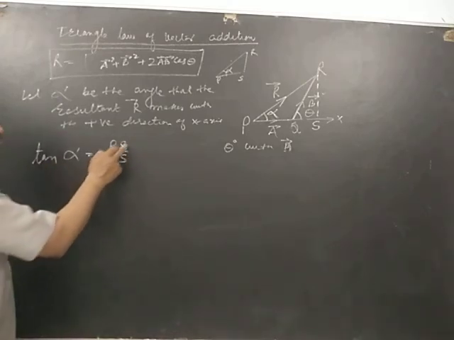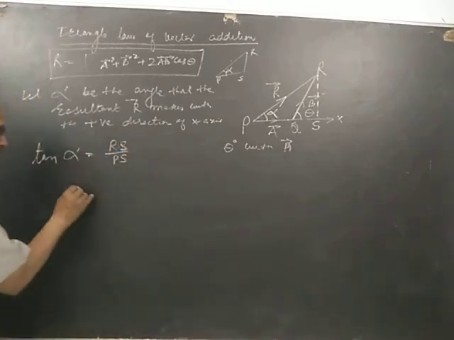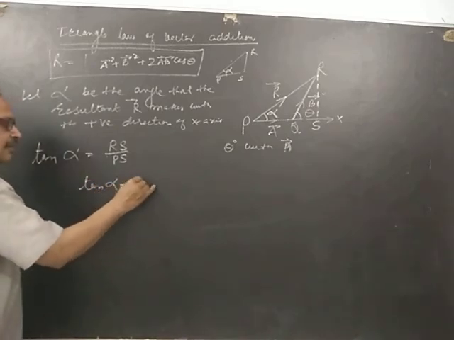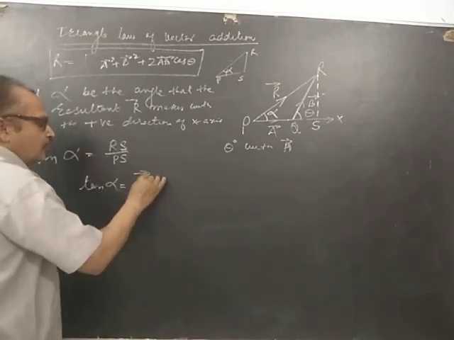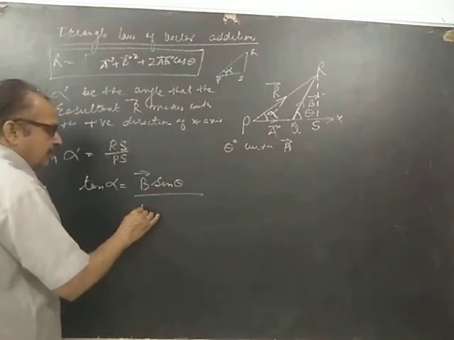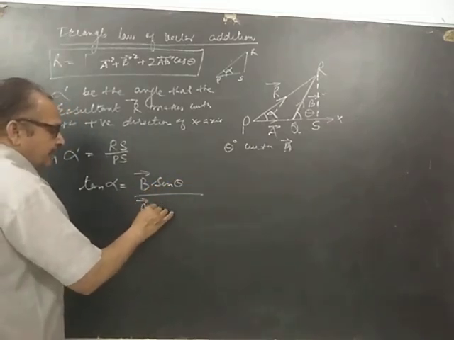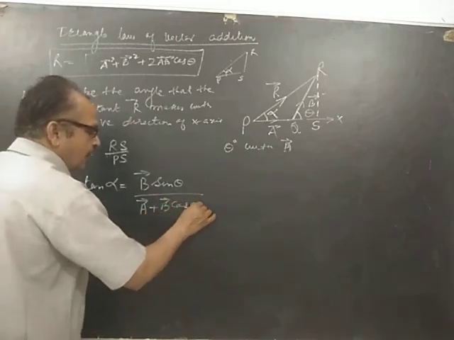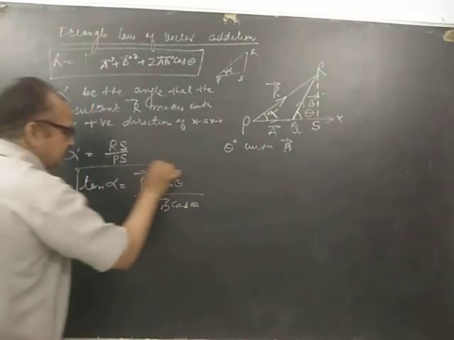That means tangent alpha is equal to B sine of theta over A plus B cos of theta.